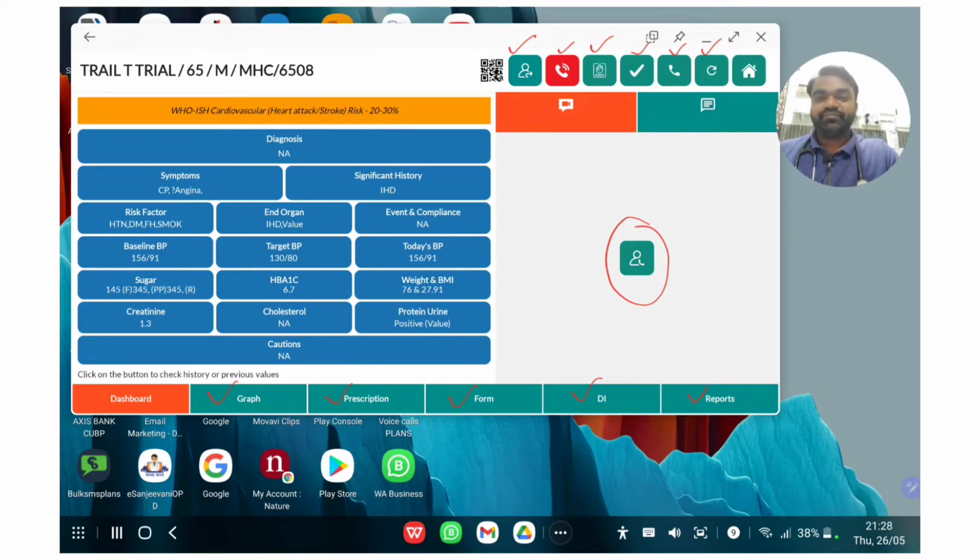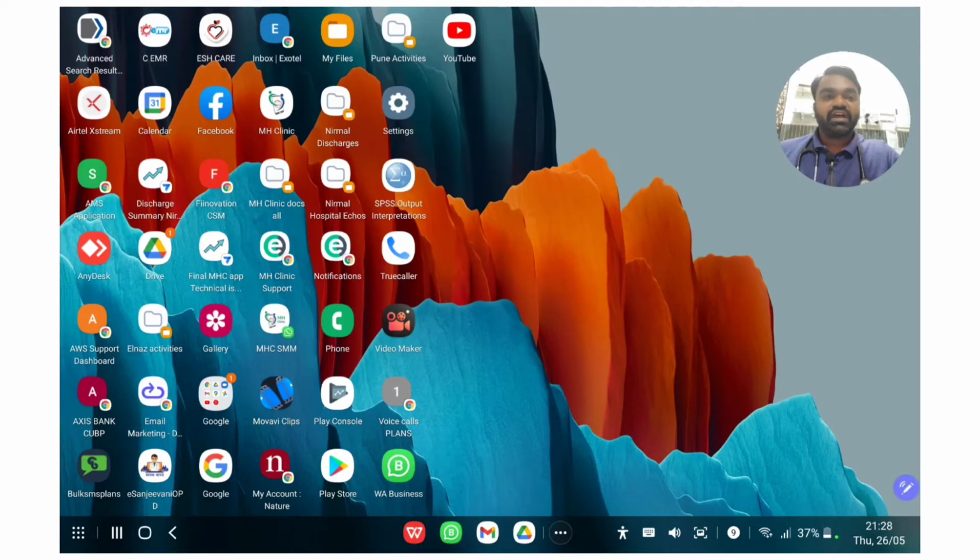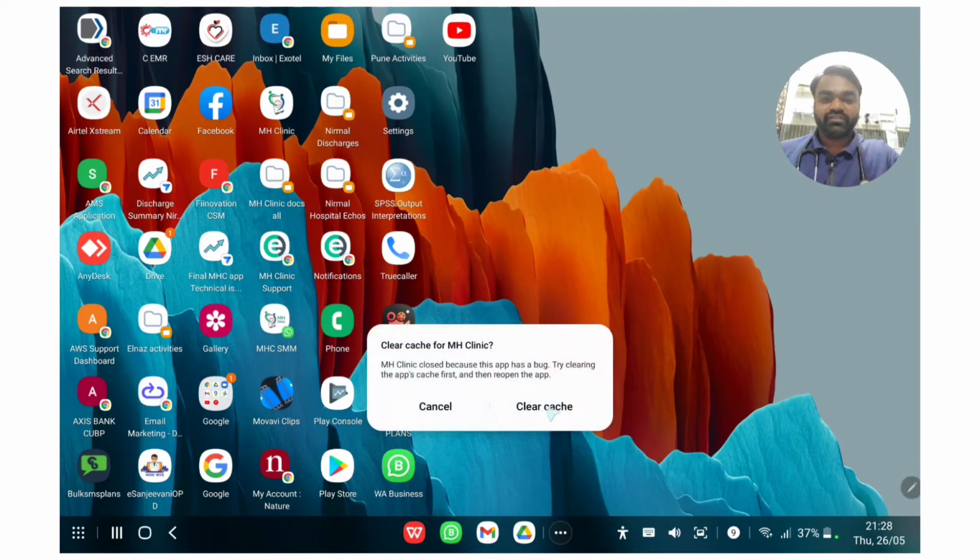I'll just give a brief about this doctor's part, what it is exactly and how the doctors can give prescriptions to the patients. Let me explain one. This is the video icon, and if you click on this, the video is started for the patient side.